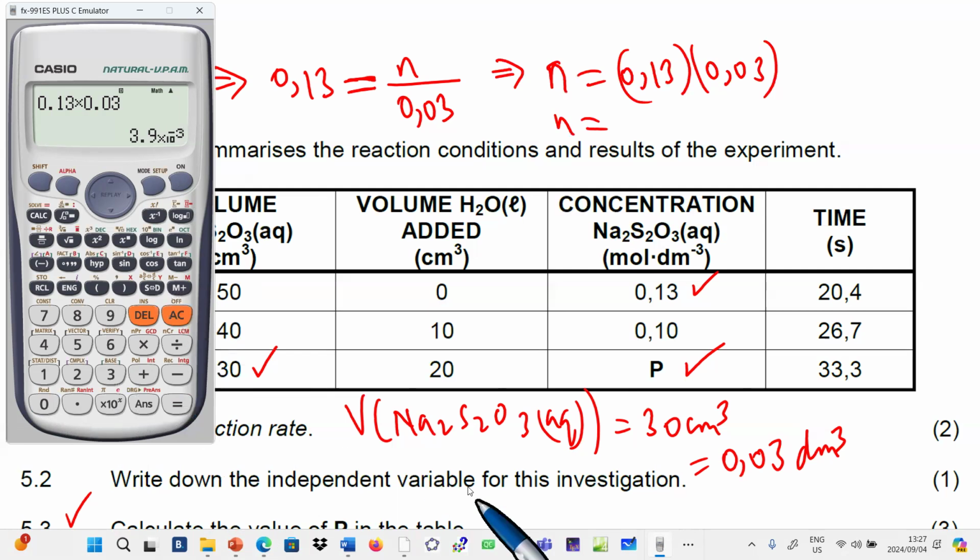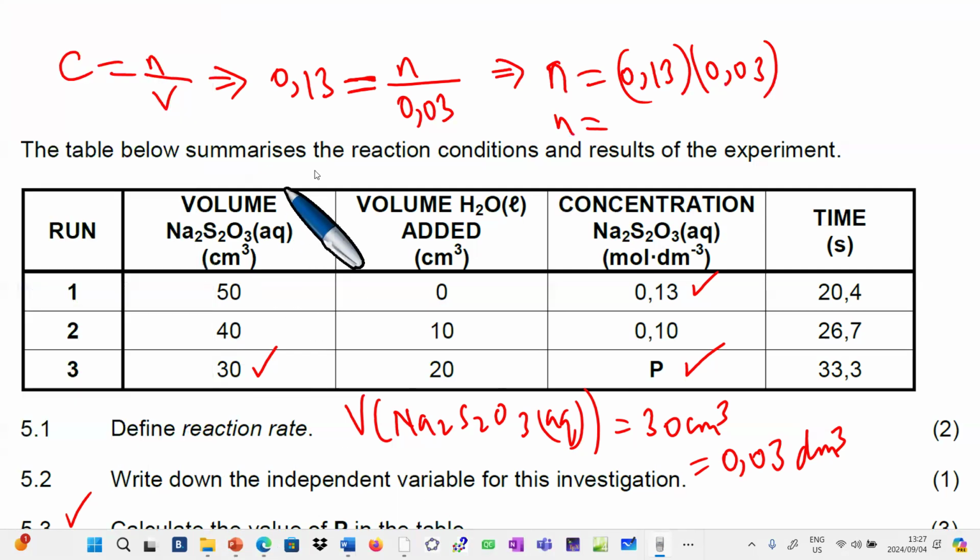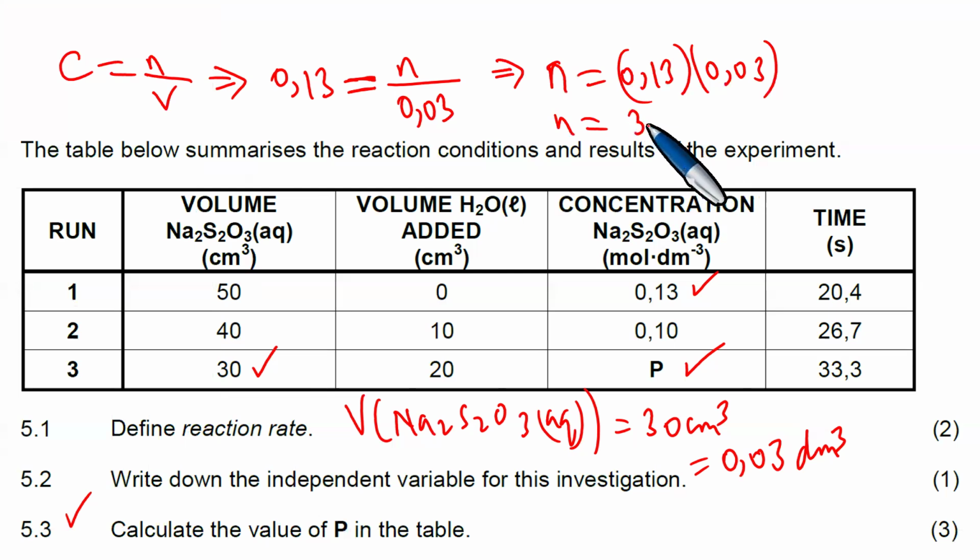Yeah. 3.9 times 10 to the minus 3 moles, yeah? Because it's N moles. Like so.